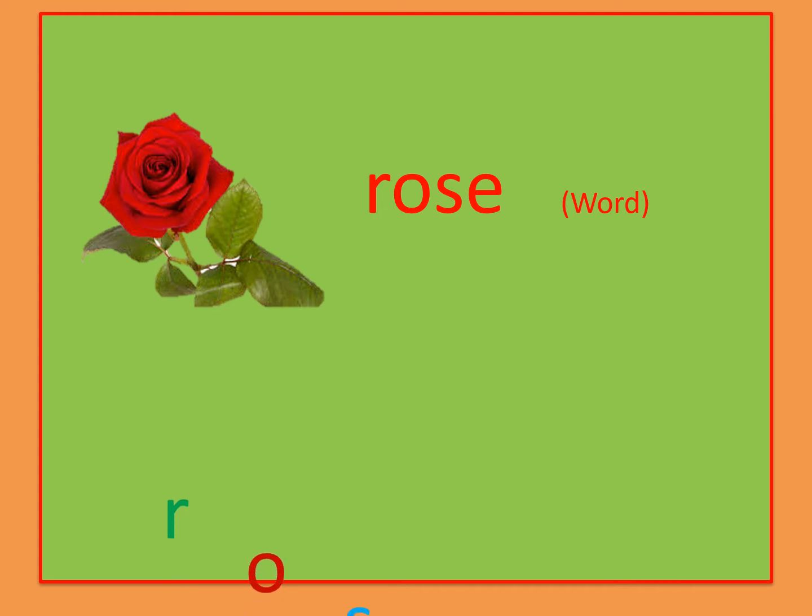What are the four letters? R, O, S, E. These four letters are combined or joined as a unit to convey some meaning. So, rose is a word. It is conveying a meaning.